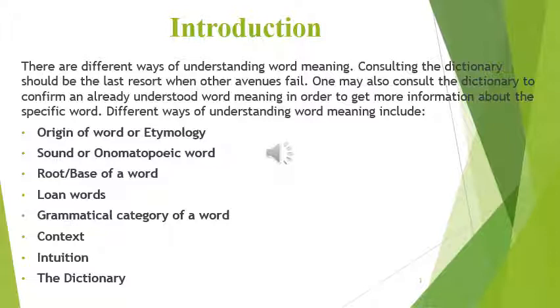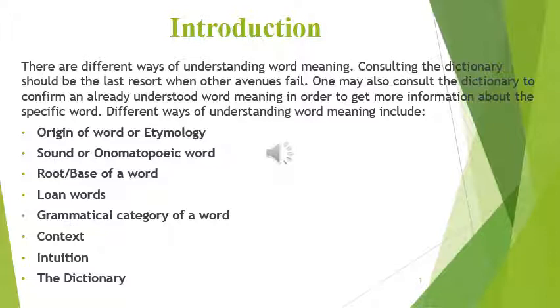Context is a situation whereby a word is used appropriately. That is to say, we can understand the meaning of a word from the context in which it occurs. Intuition is a way of understanding word meaning.